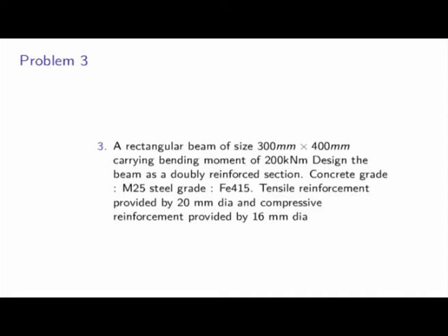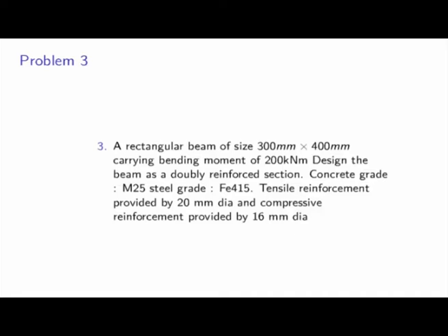Later on you analyze and design. For buildings generally we use M20 minimum, then M25, we go M30 also. For bridges, you will find we start with something like M30 or M35. Different cases we use that way.